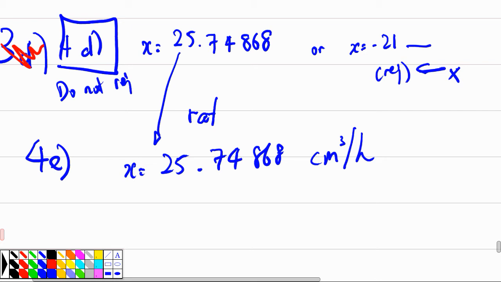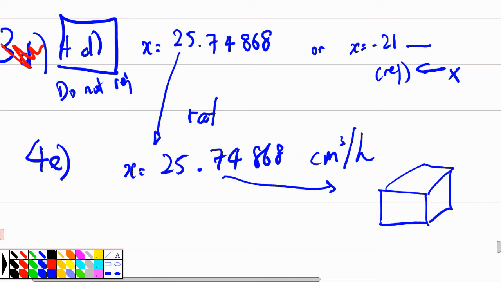You know how big is this? Anyone want to make a guess? What size gives you 25? 5 times 5 times 5 is how much? 125, right? So this is 2 point something. 2 point something on a ruler is maybe so big. The actual size is maybe so big. To fill this small cube, I need 1 hour. Whoa, something wrong with the pipe, or is something wrong with your answer?